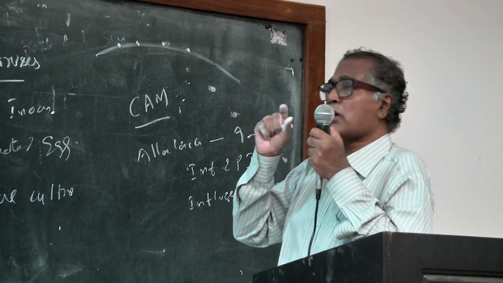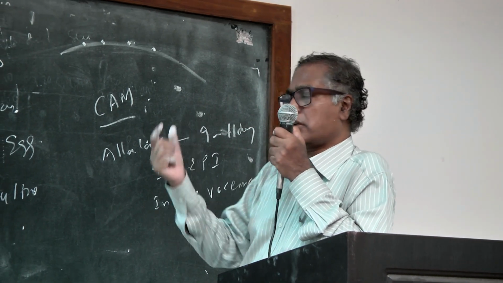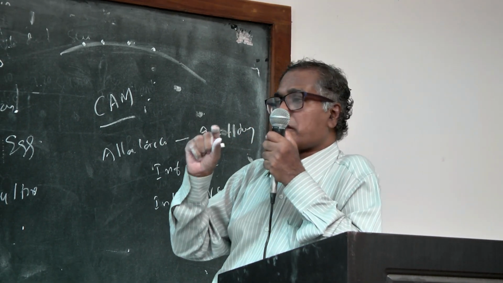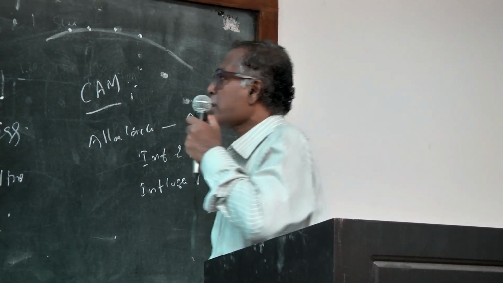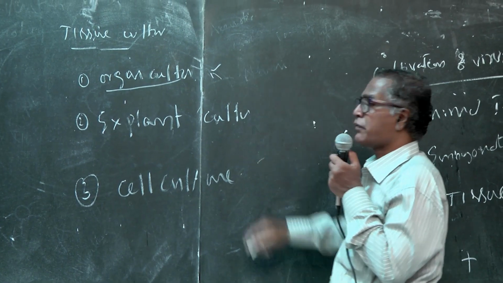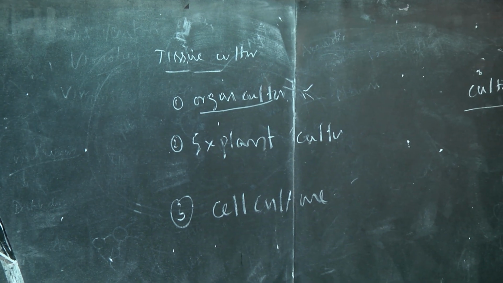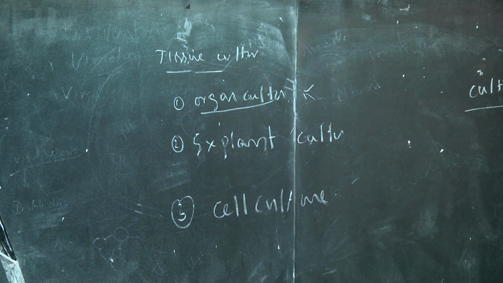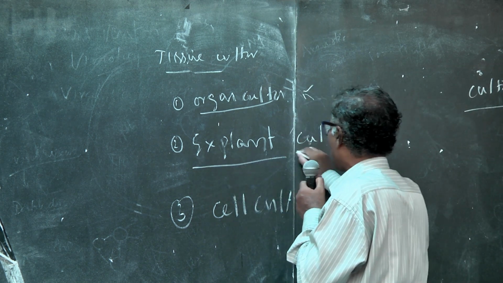For example, a tracheal ring is taken and its physiological function and anatomical architecture are maintained, and using it we can identify whether the given sample contains coronavirus or not, because this coronavirus grows on the tracheal ring easily.